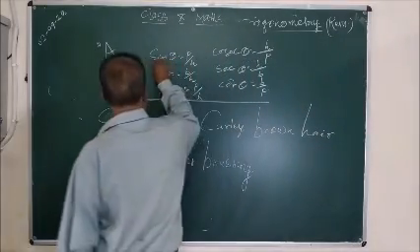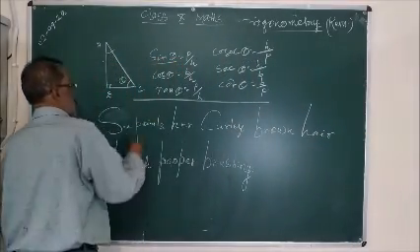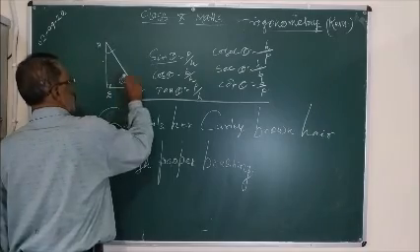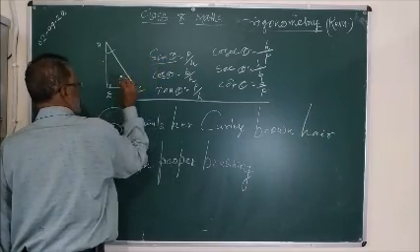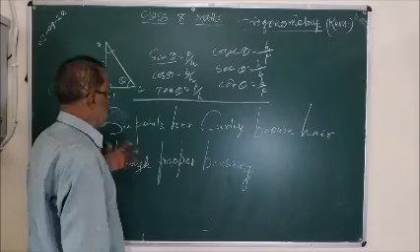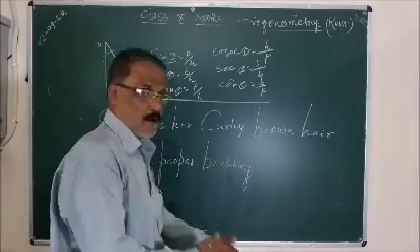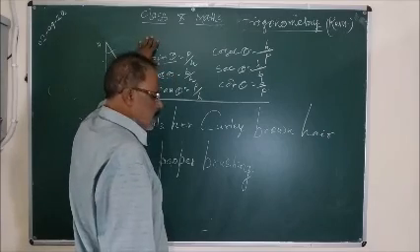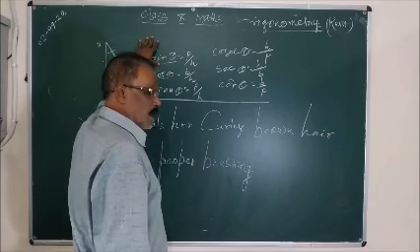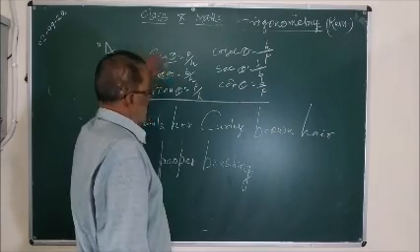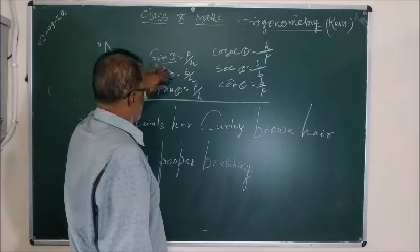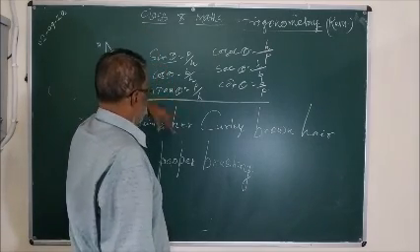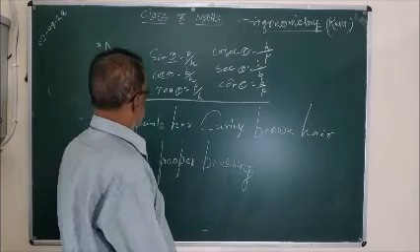So there are 6 ratios. When we speak, there are 6 trigonometric ratios. They are called sine, cos, tan. Sine is a short form. I am not going into the history of what sine, cos and tan are.